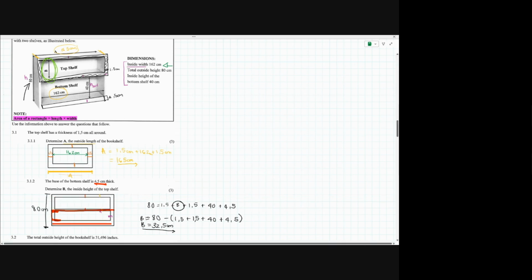So then we go back and we say, okay, which of these lengths do we actually know? Right at the bottom here, we know that the width of the base of the bottom shelf is 4.5 centimeters. We then know that the bottom shelf, according to the diagram that was given to us, is 40 centimeters high.